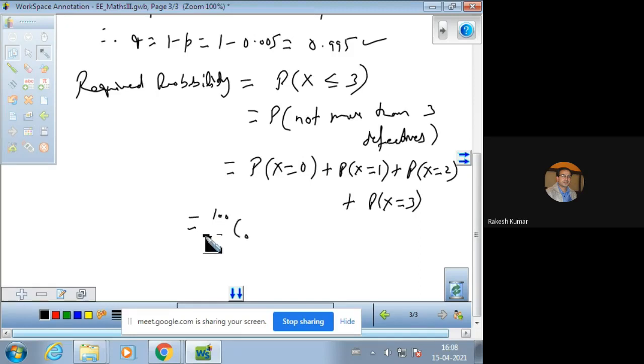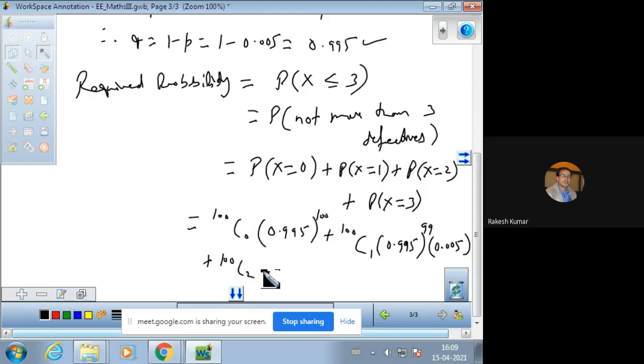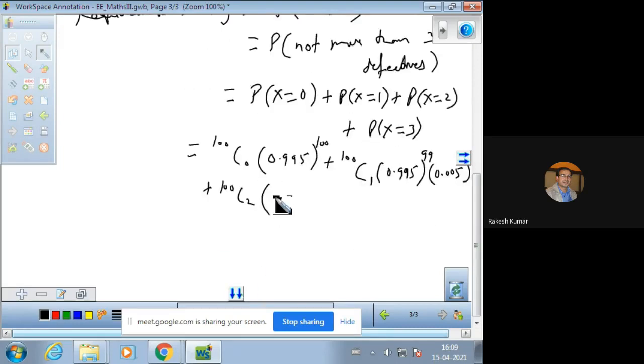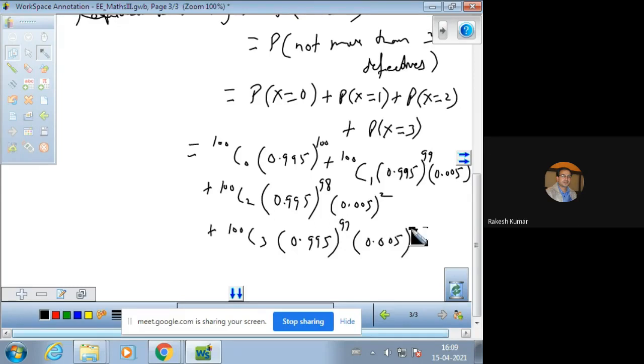None defective out of 100 means 100 C0 times 0.995 raised to power 100, plus one defective out of 100, which is 100 C1 times 0.995 raised to power 99 into 0.005, plus two defective items, 0.995 raised to power 98 and 0.005 raised to power 2, plus a maximum of 3 defective items, 0.995 raised to power 97 and 0.005 raised to power 3.